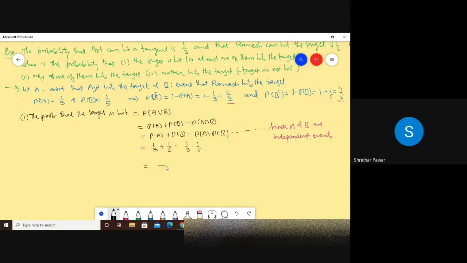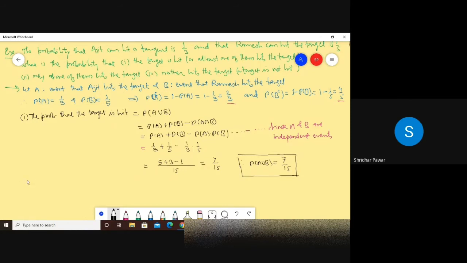So that is equal to, take 15 as LCM: 5 plus 3 minus 1, so that is 7 by 15. Okay, so therefore the probability that the target is hit is 7 by 15. Therefore P of A union B is 7 by 15.